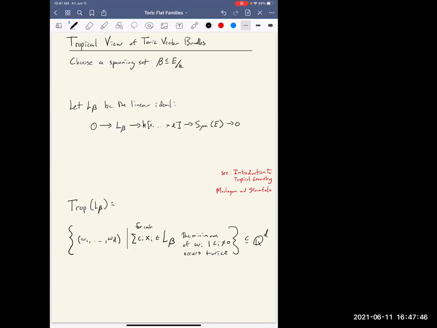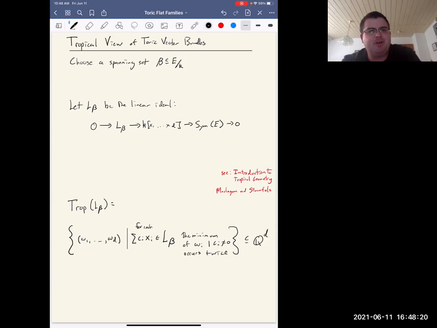Then trop L sub B will be the tropicalized linear space associated to this spanning set, or, if you're into matroids, the Bergman fan of the associated representable matroid. As a reminder, one way to obtain this set is you take all of the linear forms in this ideal, and you take weightings of the variables such that for any such linear form, the minimum weight appears twice.